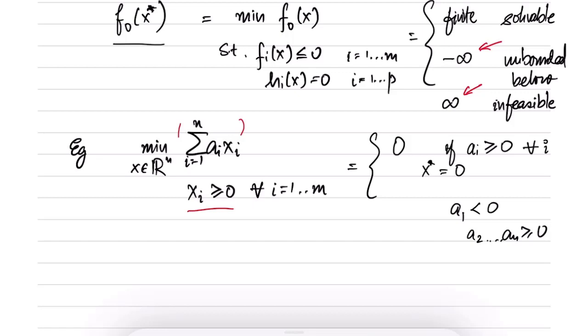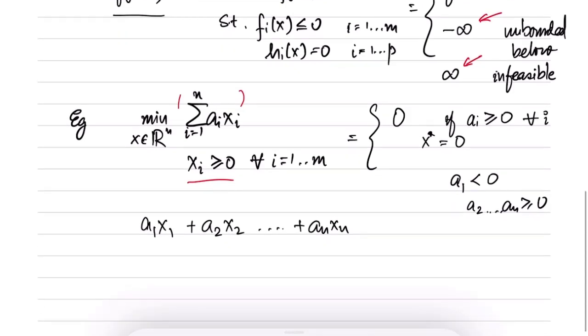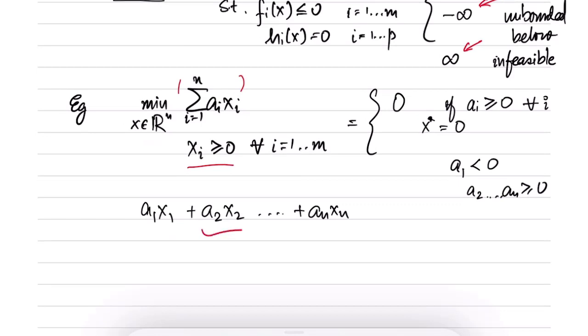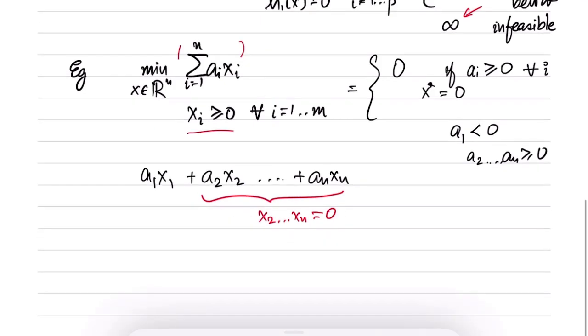So it would be written as a1 x1 plus a2 x2 and so on till an xn. I don't care about these, so I take x2 to xn to be 0, and in fact these terms will be minimized by taking x2 to xn to be 0 as in the first case.